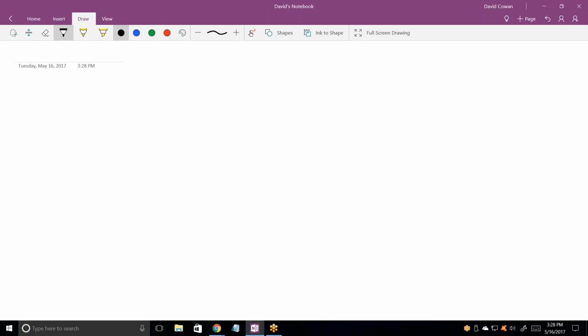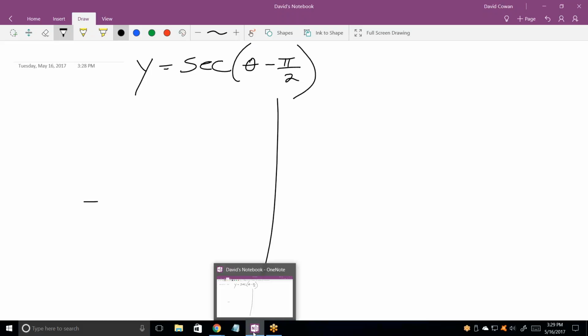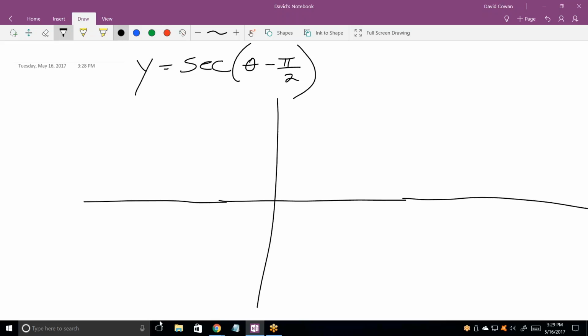Okay. The next one is y equals secant of theta minus pi over 2. I like the way they're doing this. All right.